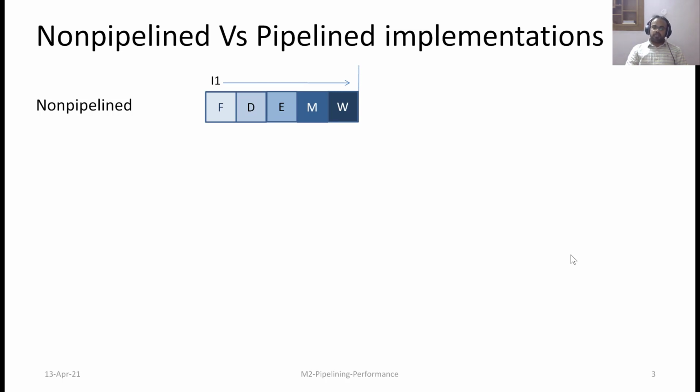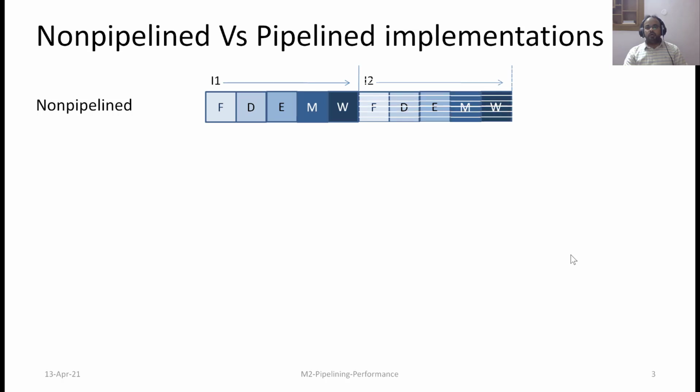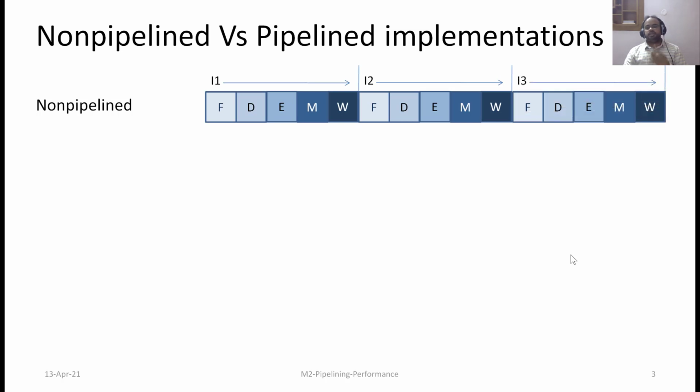So all these five steps together would comprise the instruction execution of I1, right? Only when I1 completes its write back stage, we would go and fetch I2. Again, I2 goes through the fetch, decode, execute, memory access, and write back steps or stages, and only when it completes write back, that's when we are going to fetch I3 and start working with it, right?